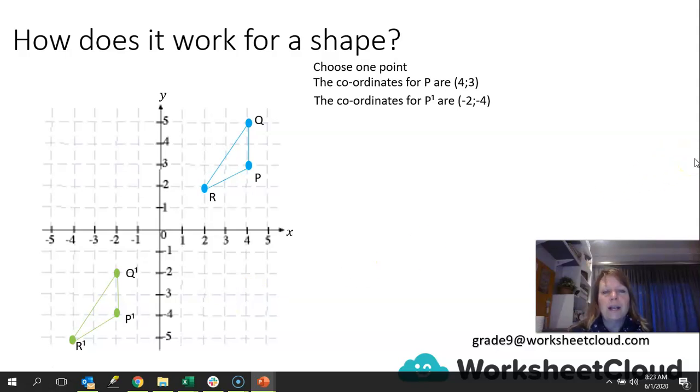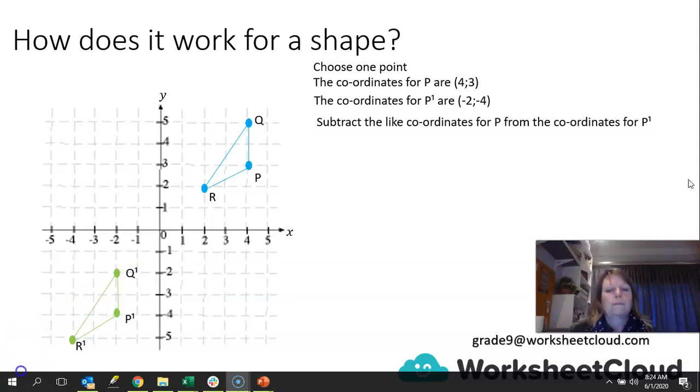We're going to do exactly what we've done previously. We're going to subtract the like coordinates for P from the coordinates for P1. I fixed that for us so that we don't get confused. We've got the coordinates written up here.